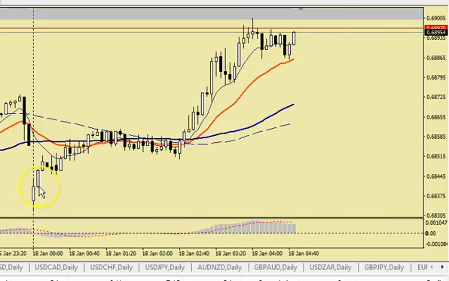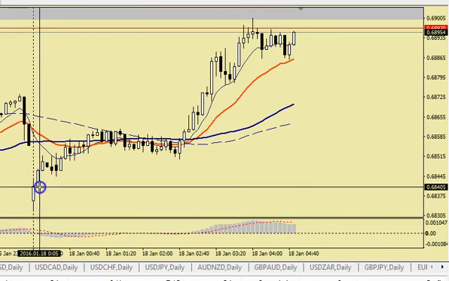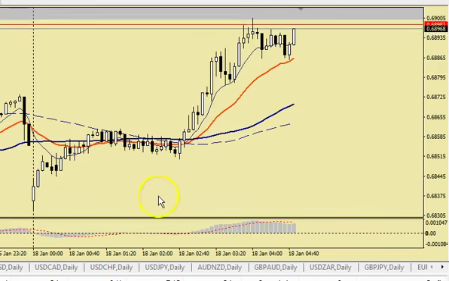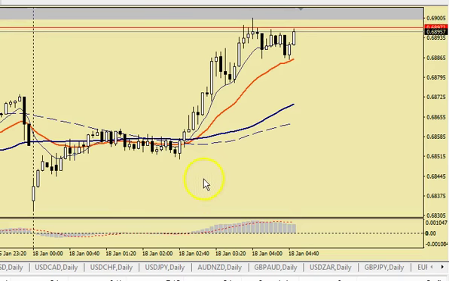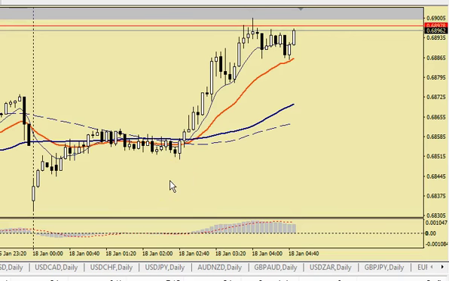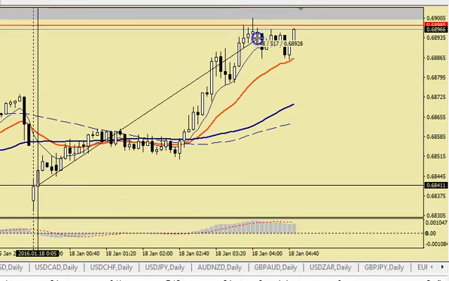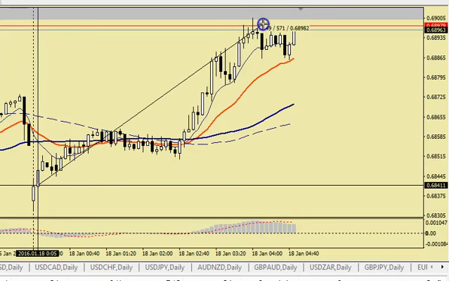Right here, this is where you would have entered a trade, and if you would have done that, you would have closed the gap of 15 pips as soon as price got to right there. 15 pips is great, depending on what your lot size is and how much money you're putting on per lot. So in this case, not only did it close the gap, but price went from here all the way up to here. That's 57 pips, that's quite the pullback.